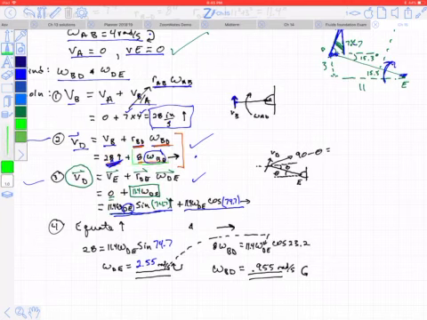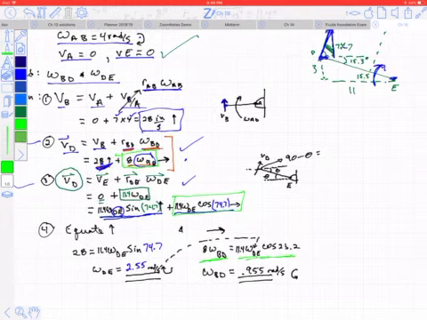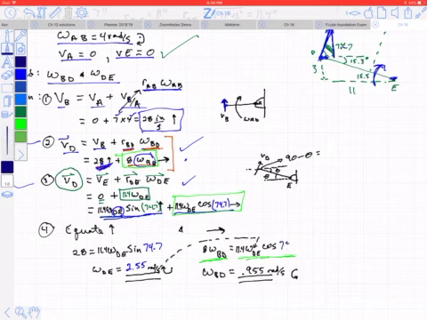Now my second equation is going to be that the horizontal part of the one equation equals the horizontal part of the other equation, or the 8 omega BD equals the 11.4 omega DE times the cosine of 74.7. And we take this 2.55 and substitute it in there.